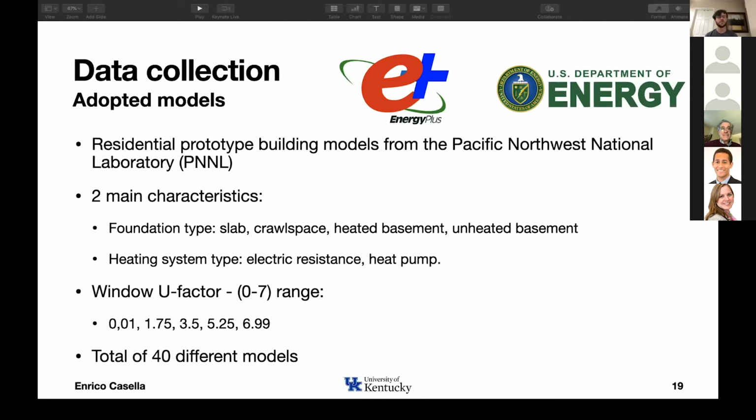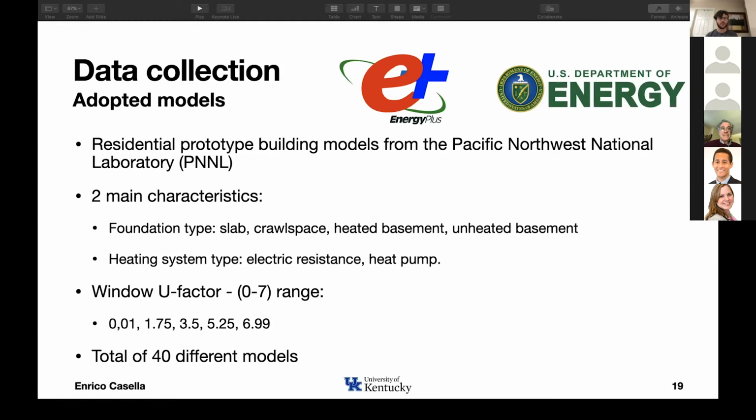And then we tried to find a parameter of the house that would give us even more heterogeneous models. And so we found this parameter called U factor, which is a parameter of the windows.